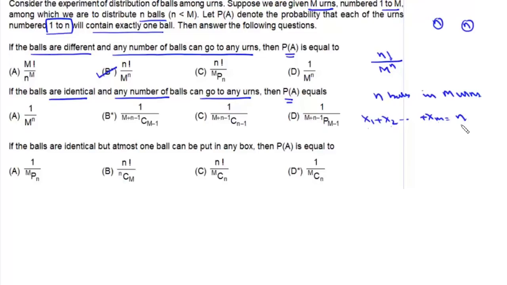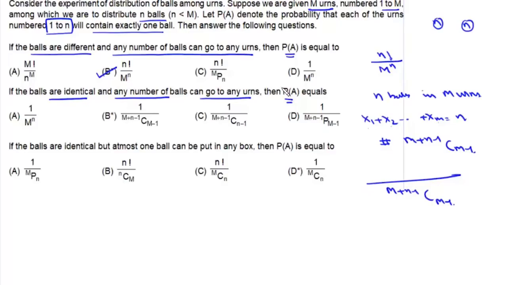We have to find the number of non-negative integral solutions of this equation, which is given by (m plus n minus 1) C (m minus 1). So the total number of cases will be (m plus n minus 1) C (m minus 1).